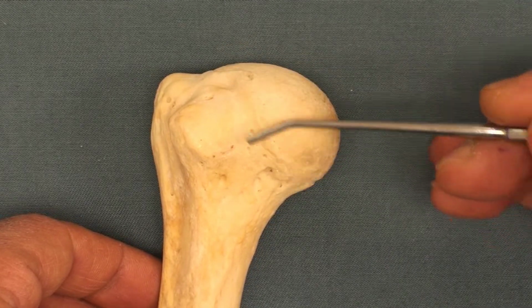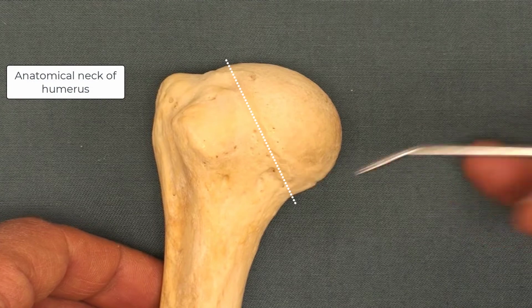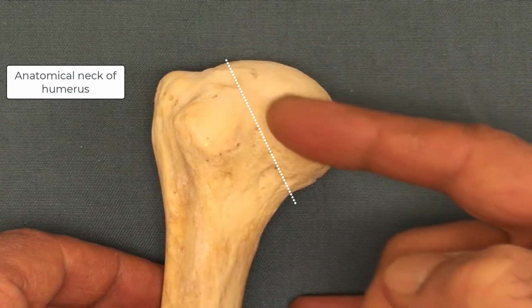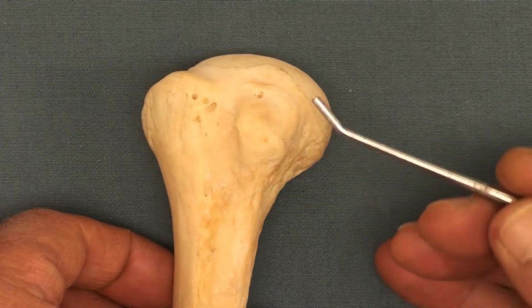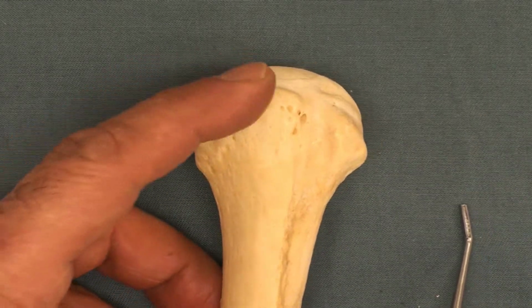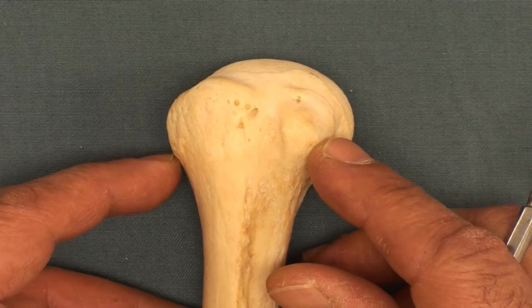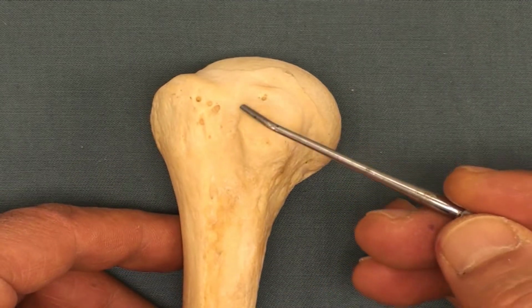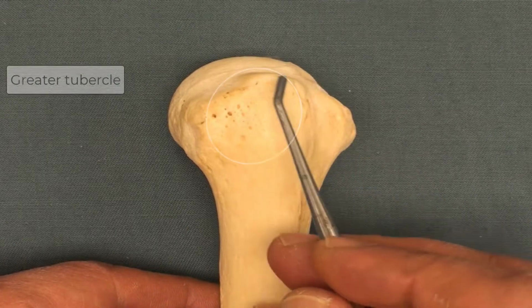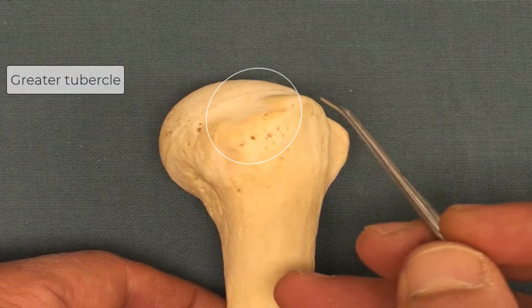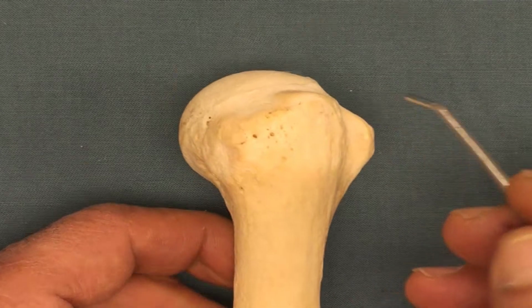However, this is referred to as the anatomical neck, and we will see in a second why we call it that. Right below the anatomical neck, we have two tubercles, also known as tuberosities, the lesser tubercle and greater tubercle.